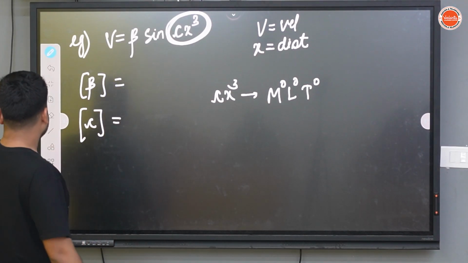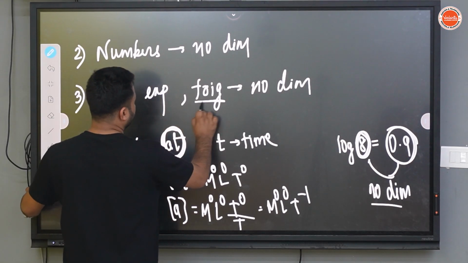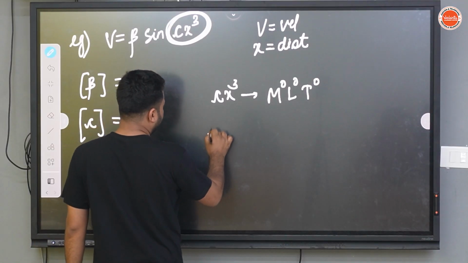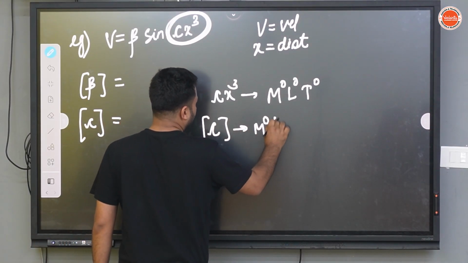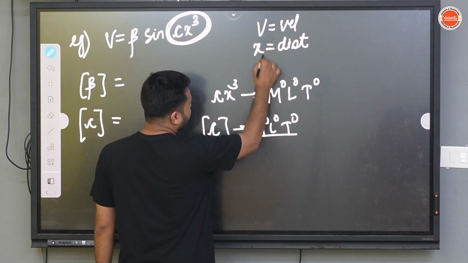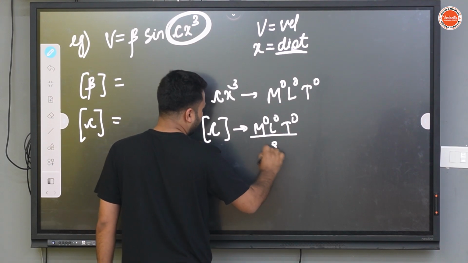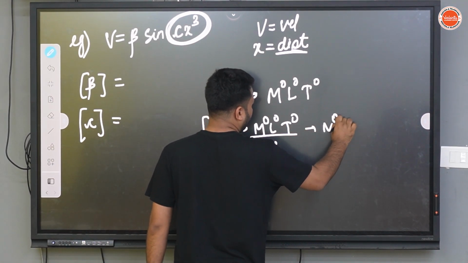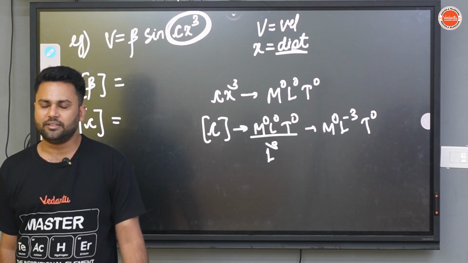And I have written also, any trigonometric function has no dimension. So the dimension of c, if they ask, M0, L0, T0, this x cube will go down. X is what? Length. X is distance, na? So distance cube means L cube. So finally it is coming M0, L to the power minus 3, T to the power 0. This is the dimension of c.